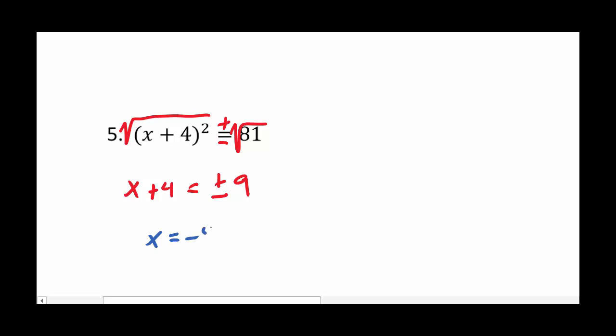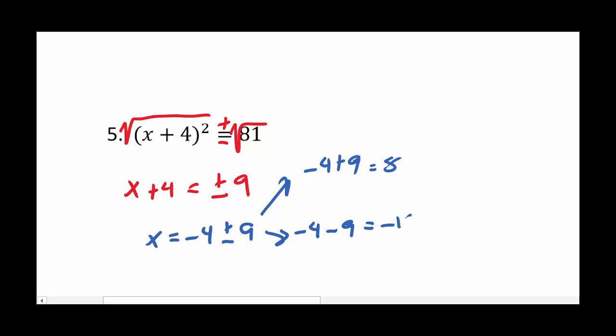And then if I bring that 4 over, I get negative 4 plus or minus 9. And then we'll split that off into two solutions, so negative 4 plus 9 and negative 4 minus 9. So that ends up giving us 5 and negative 13 for our two answers.